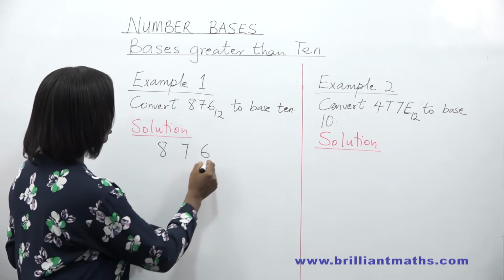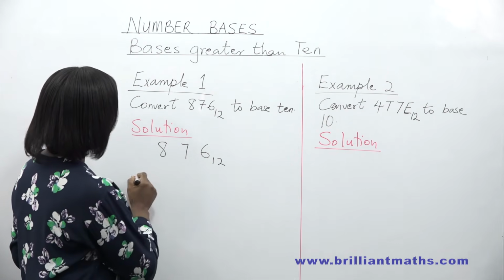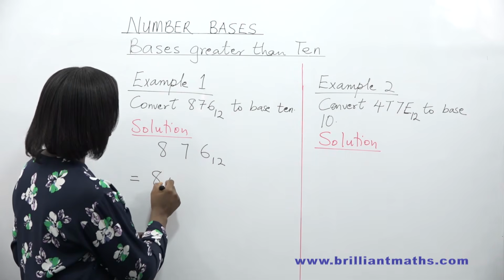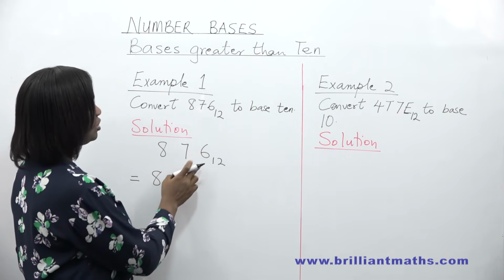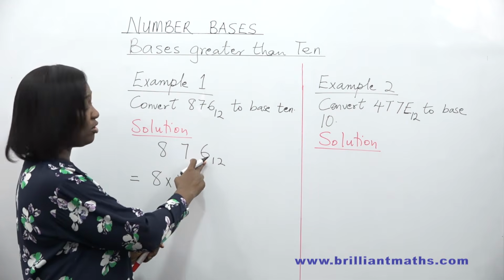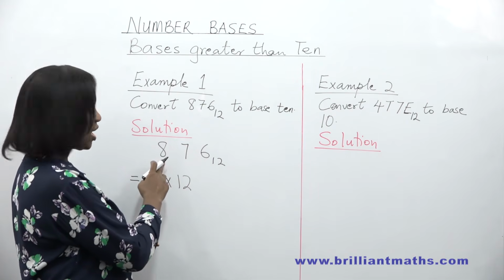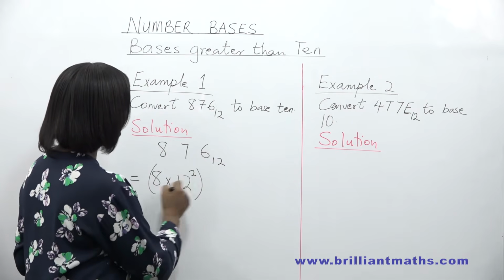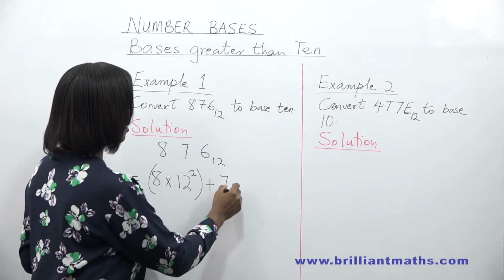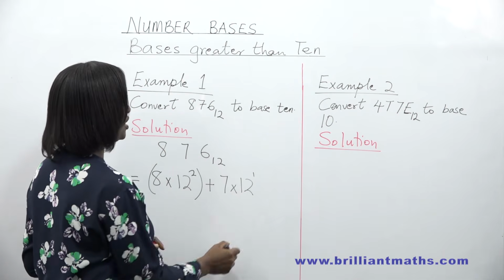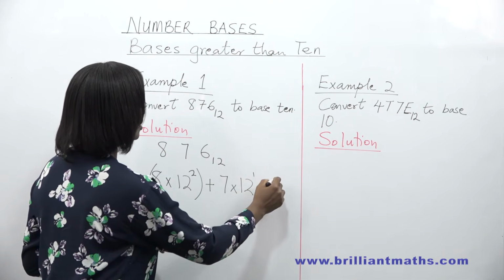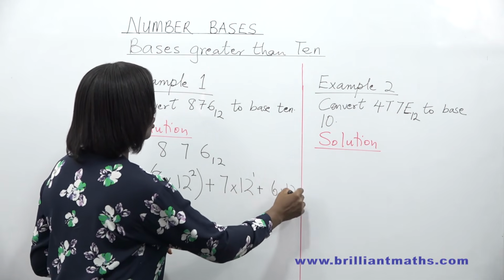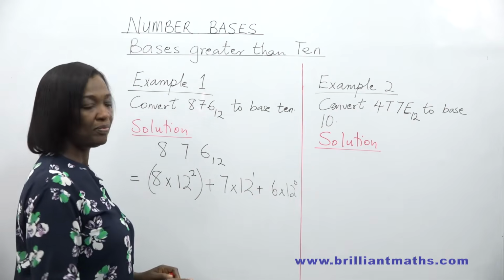So that equals 8 times 12 to power 2, plus 7 times 12 to power 1, plus 6 times 12 to power 0.